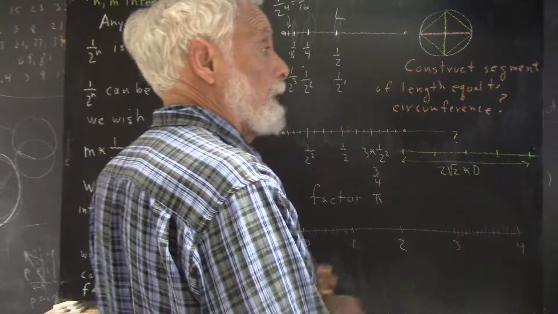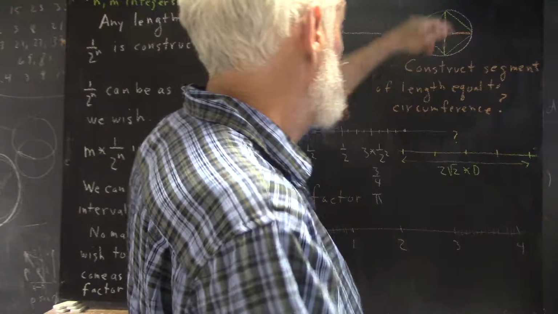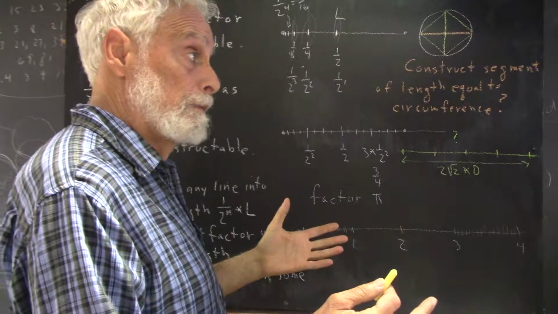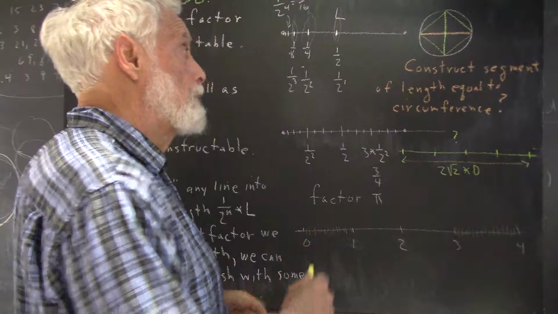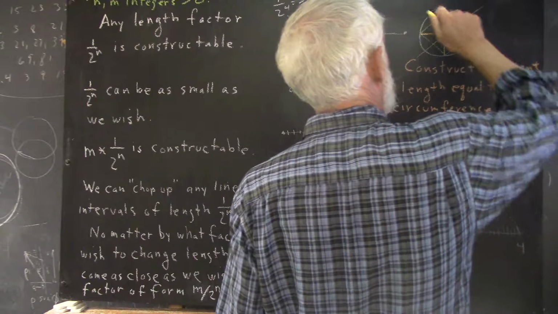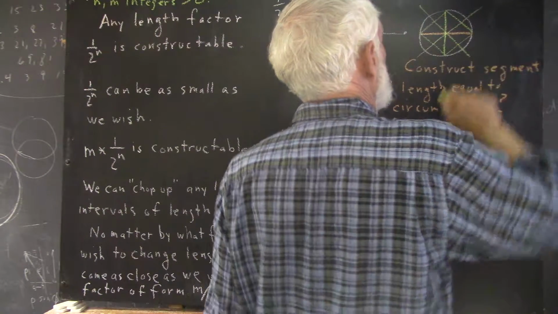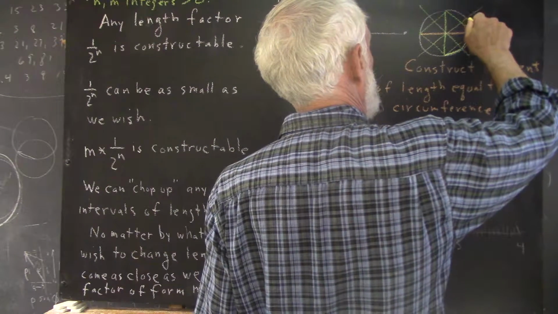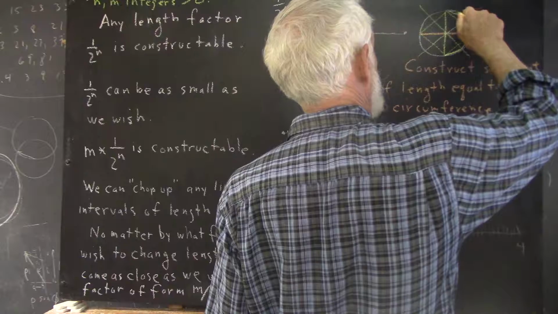Well, next thing I can do is bisect a right angle. I can bisect any angle, cut any angle in half with a geometric construction, very similar in some ways to the one we used to bisect a line segment.